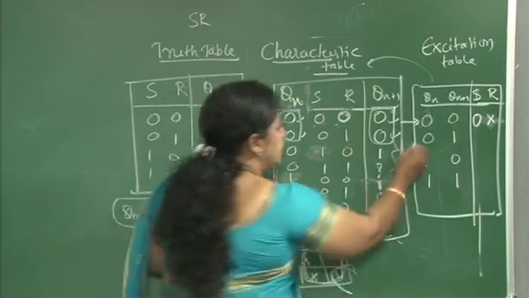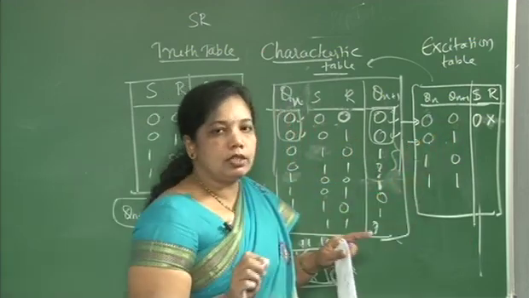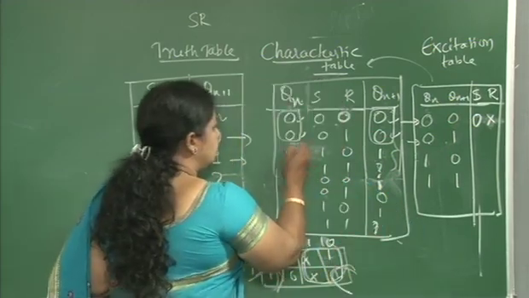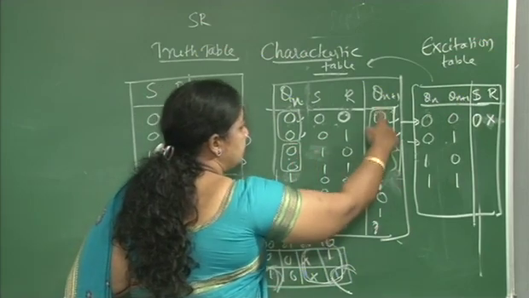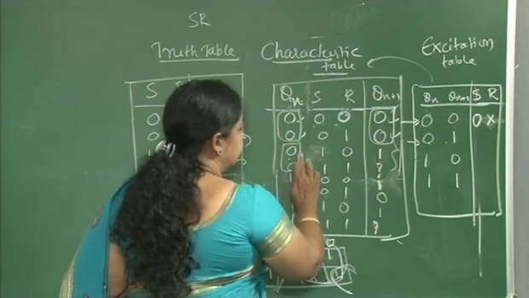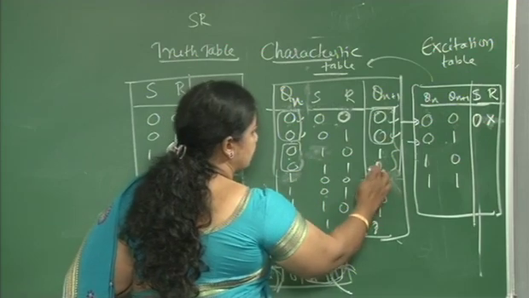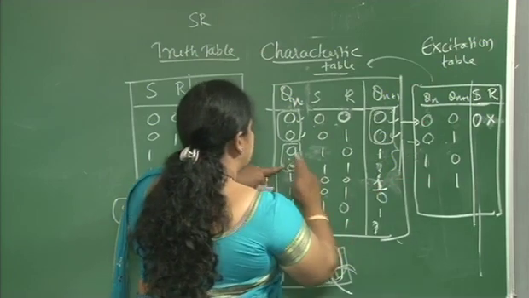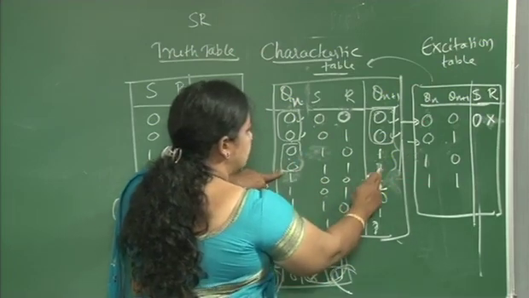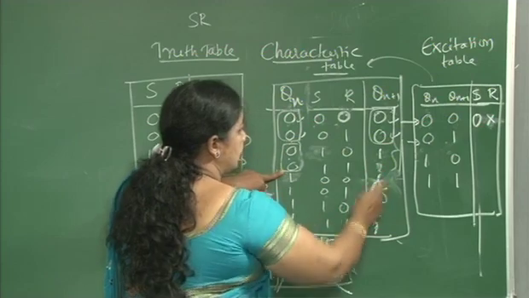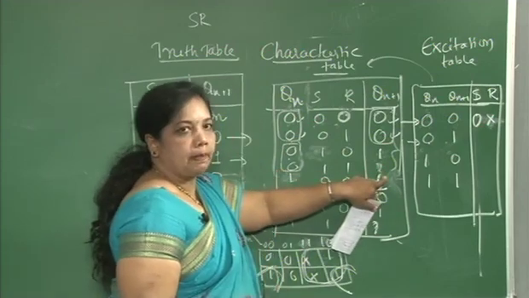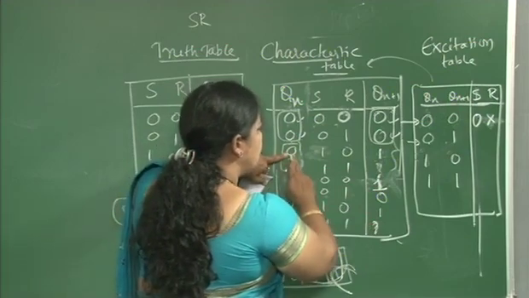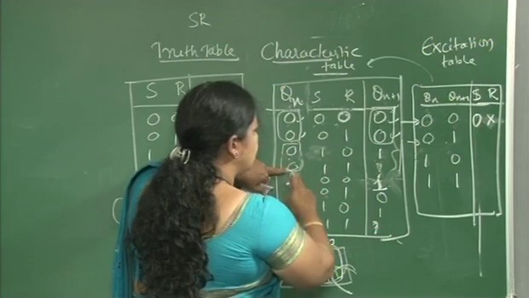Similarly, the next condition I should see is Qn as 0 and Qn plus 1 as 1. Since I don't know about this, it's an indeterminate condition, so I consider Qn 0 and 1, 0 and 1.